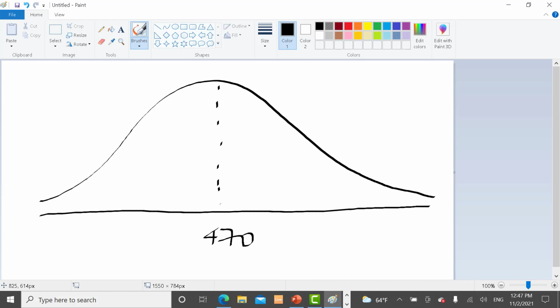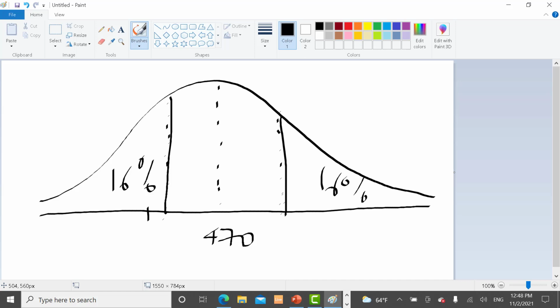However, no matter whether it's a standard normal distribution or a regular normal distribution, we have the rule that if we take 470 minus 1 sigma, we get 16% on the tail. See that? So the question says 340 is the 15th percentile. The 15th percentile means the point that separates the lowest 15% from the upper 85%. So it should be right here.